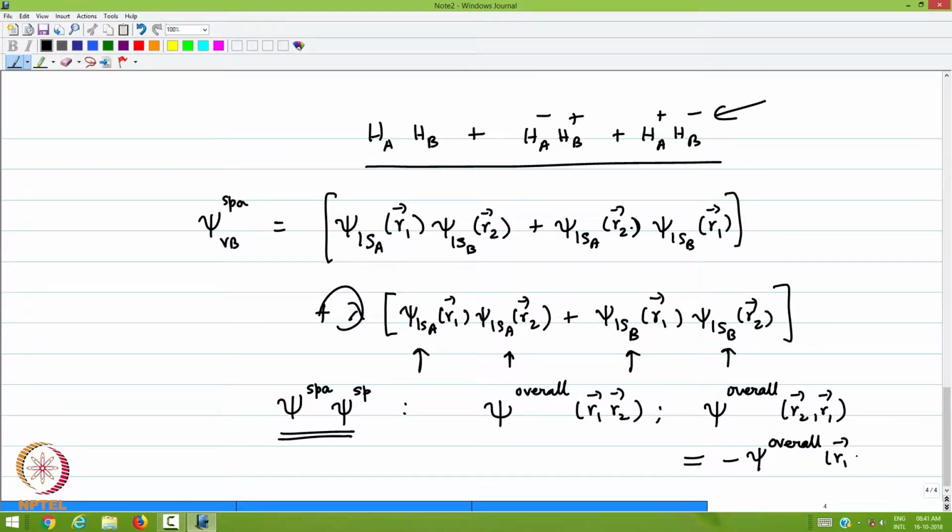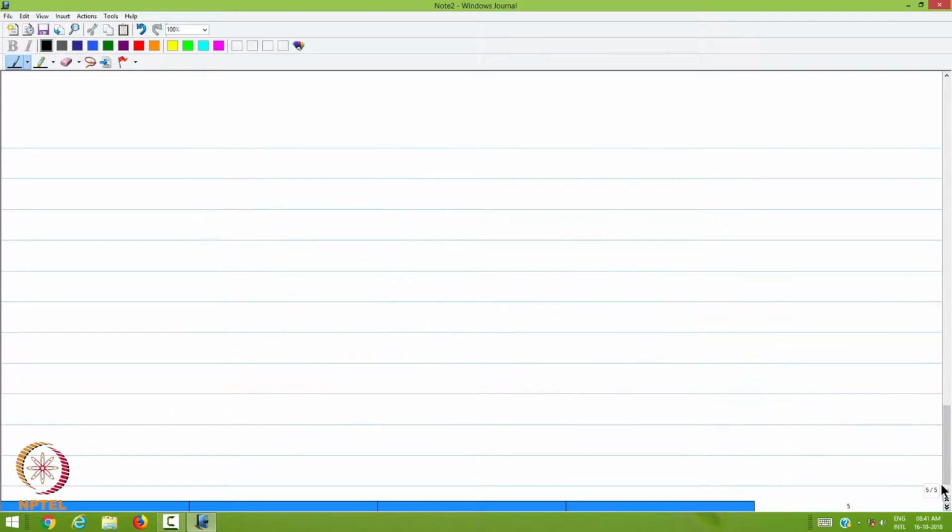R1 R2. And that is possible if we take this linear combination. That is actually possible if you take the spin wave function to be the antisymmetric part, 1 by root 2 alpha 1 beta 2 minus beta 1 alpha 2. Therefore, this changes sign when the spin coordinates of 1 and 2 are interchanged, as well as the spatial coordinates of the 2 electrons interchanged.